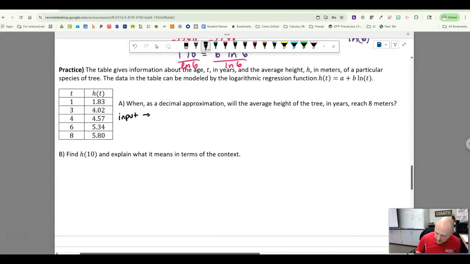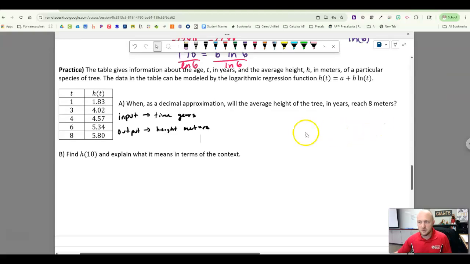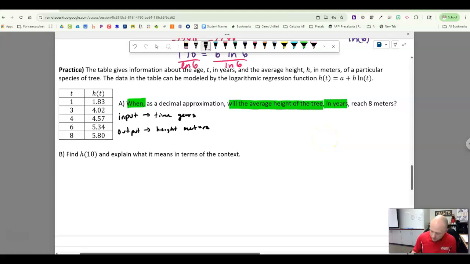Well, our input here is time in years, and our output is height in meters. So they're going to give you information and they want you to solve for something. Here they say, when will the average height of a tree in years? So that's a clue that I need to solve for t. I don't know what t is.